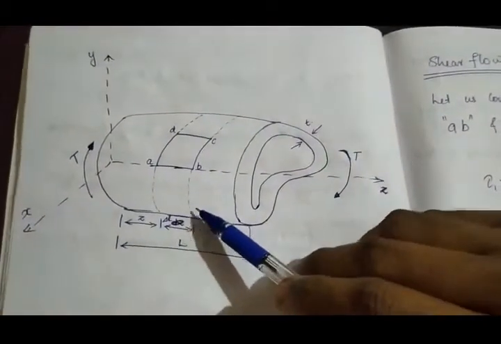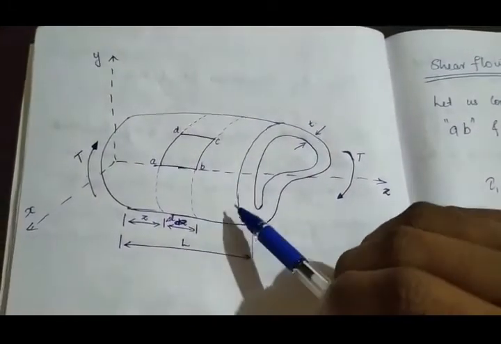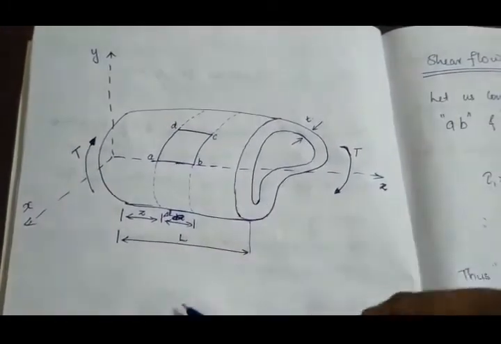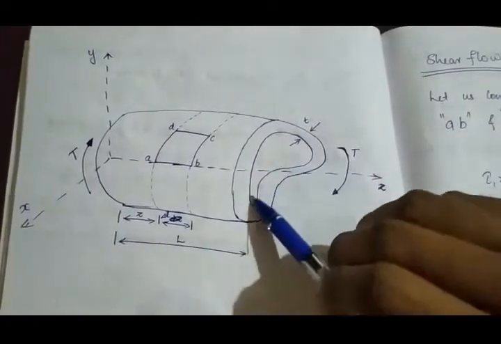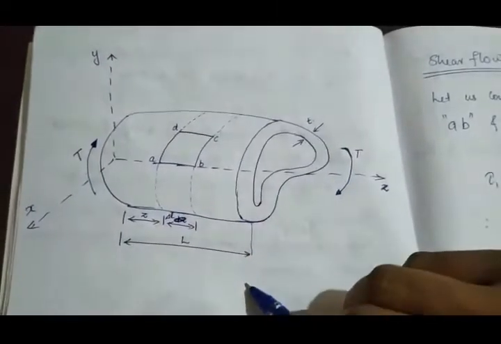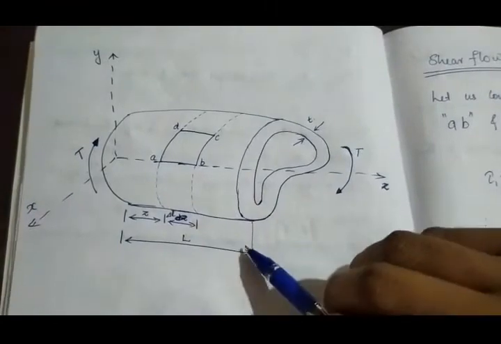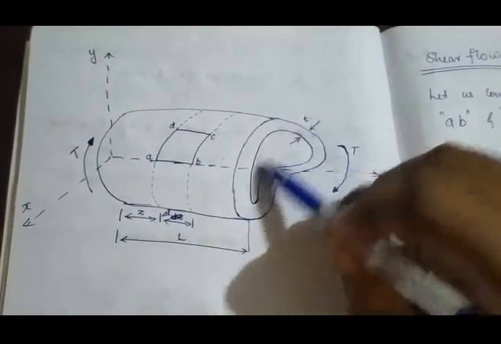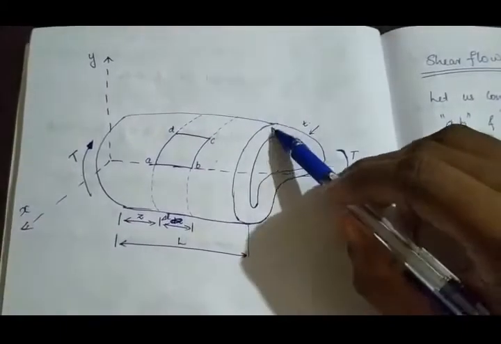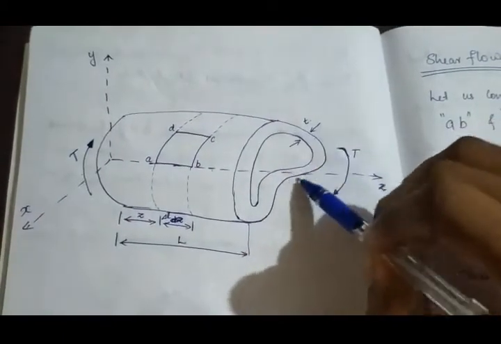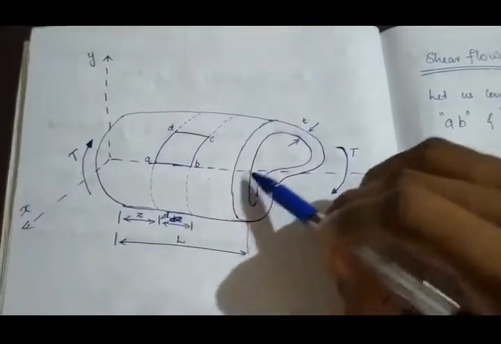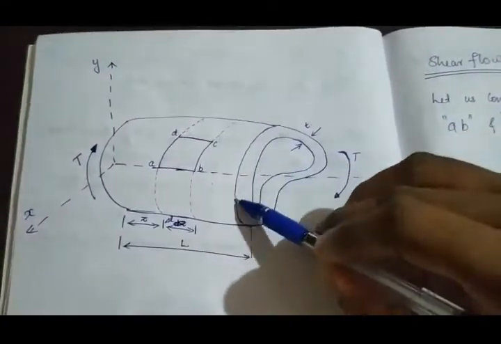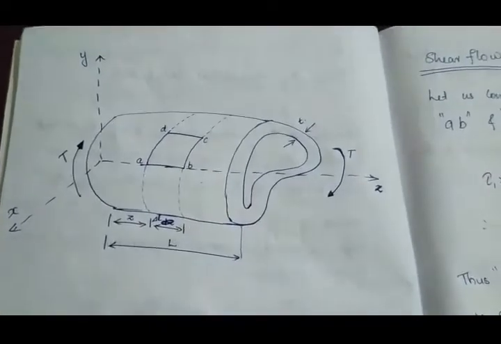Now here you consider a thin film or a thin closed section. This is a closed section, and this is not symmetrical. You can see that there is varying thickness here. If this is t, this can be t1, t2, it can be varied, it depends.